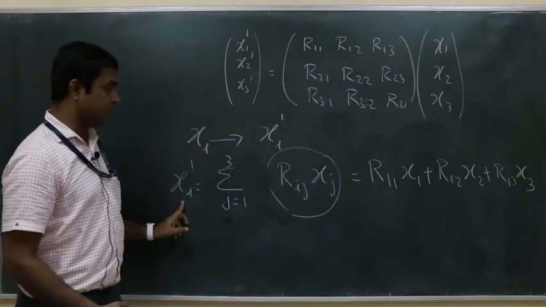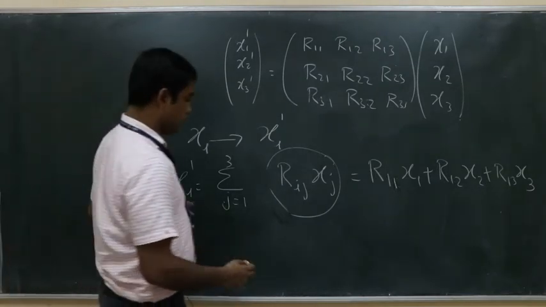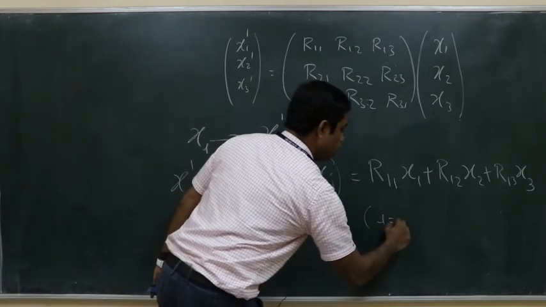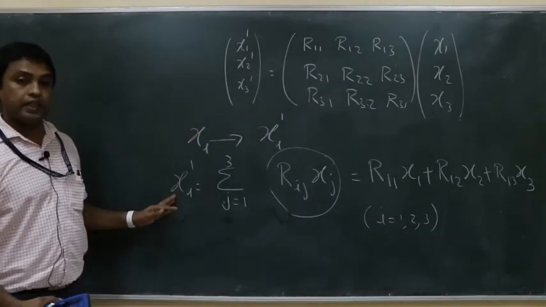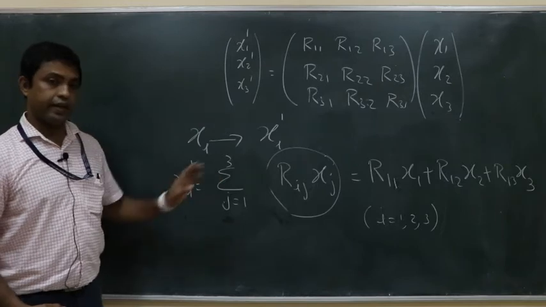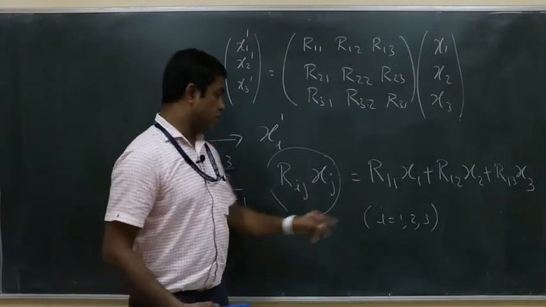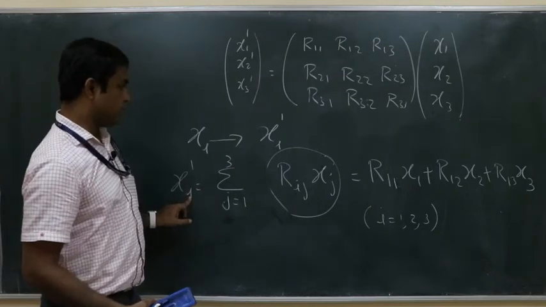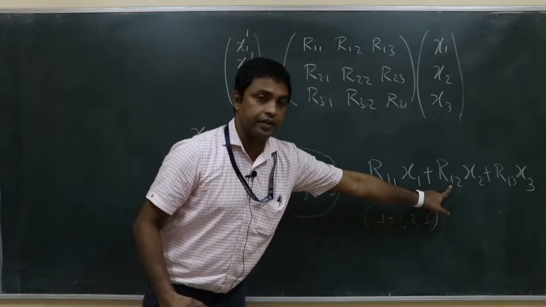So I have to clearly mention I is running from 1 to 3. So this is for I equal to 1, 2, 3. So there are three equations here, one for each I. And each equation is, so this is I, okay, so nobody asked me why I got 1 here.